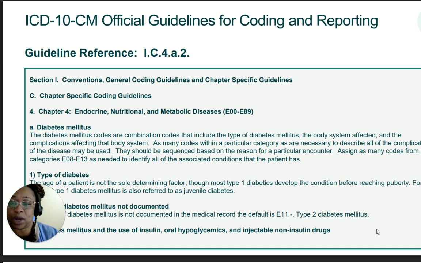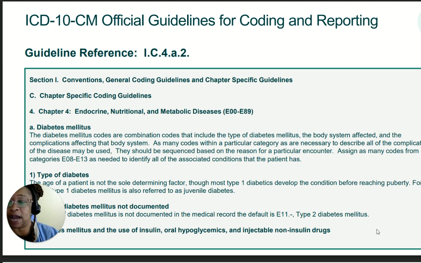They should be sequenced based on the reason for a particular encounter. Assign as many codes from the categories E08 through E13 as needed to identify all of the associated conditions that the patient has. Type of diabetes. The age of the patient is not the sole determining factor, though most type 1 diabetes develops before reaching puberty.